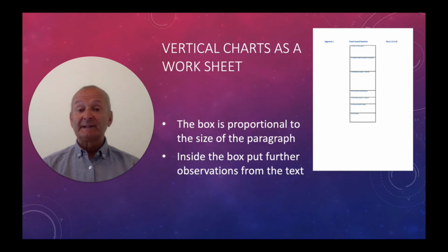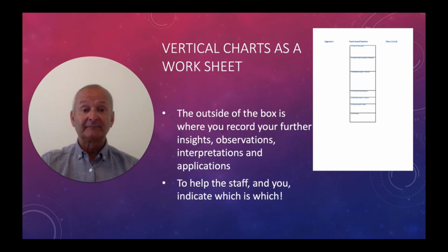The box is proportional to the size of the paragraph. You'll notice that the boxes are different sizes, but they are all in proportion to the paragraph, and the space inside the box is for you to put further observations from the text.